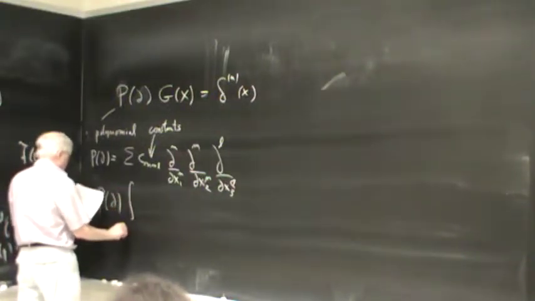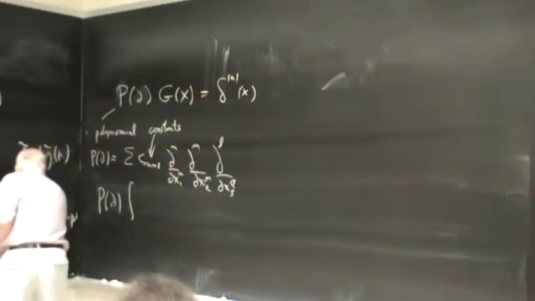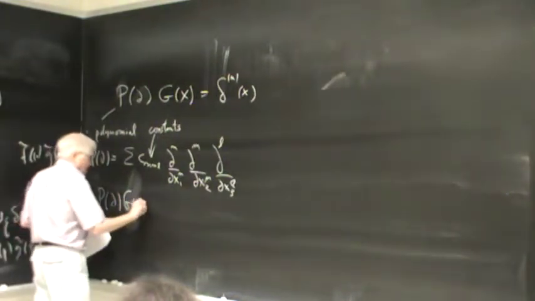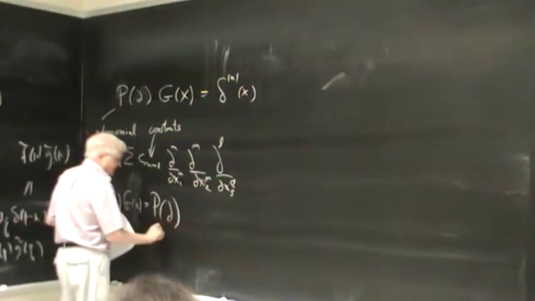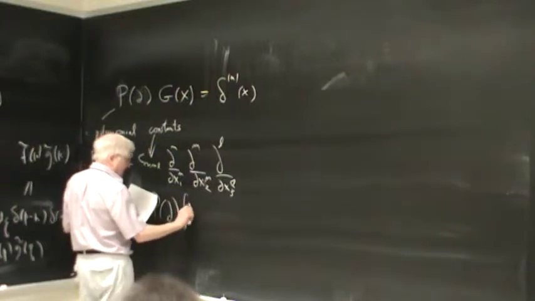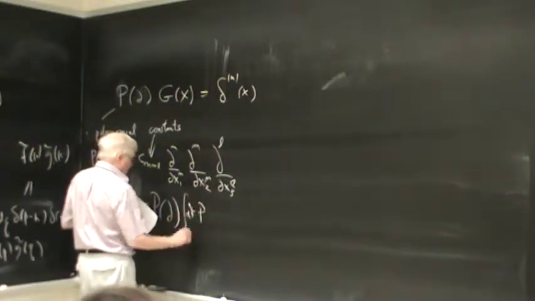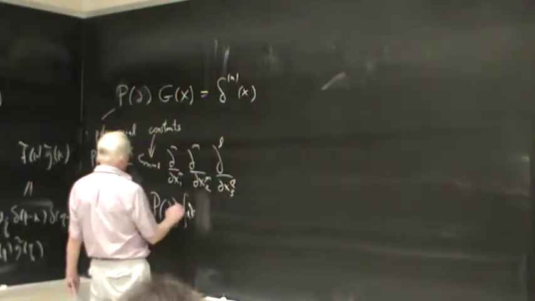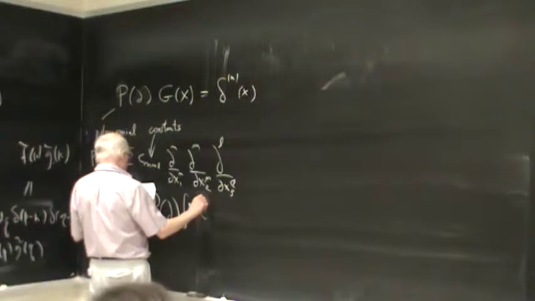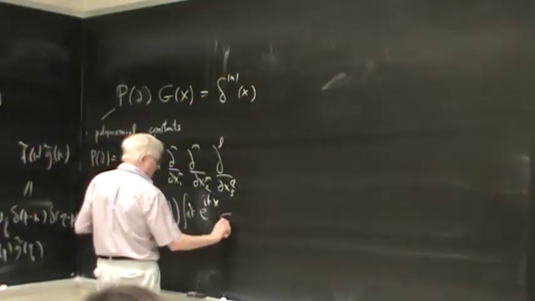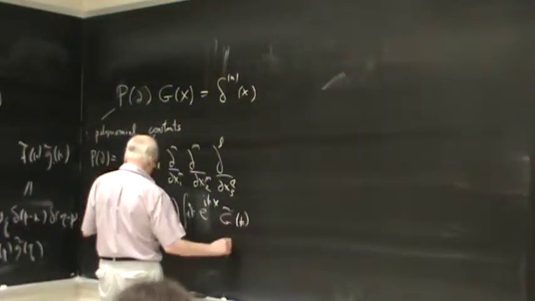Then that would be P of the various partial derivatives, and then an integral d^n k. Well, let's just write the Green's function first. e to the ikx, and I'm going to call it g tilde of k, and I left out any of the 2 pi's.